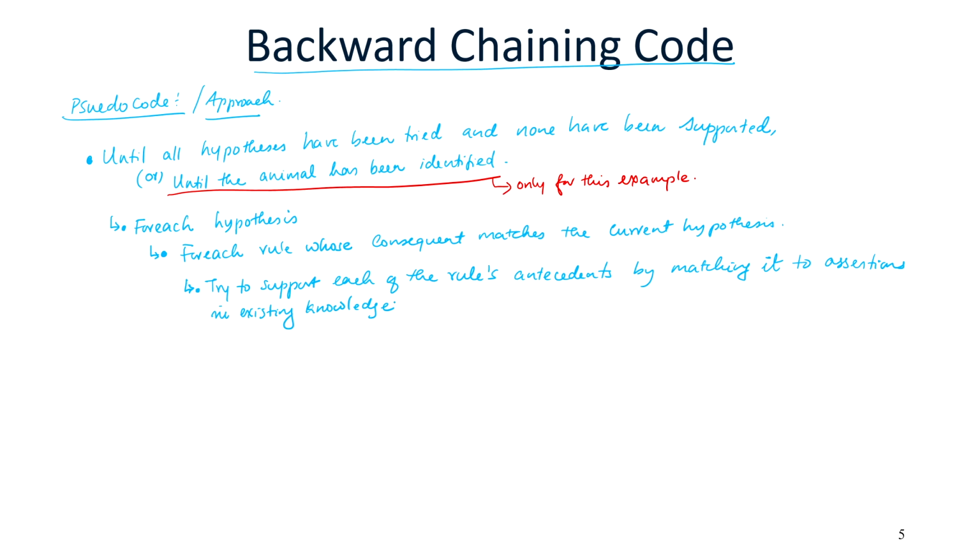You have seen what an antecedent and consequent is in the previous presentations. Or by backward chaining through another rule, create a new hypothesis. So it says try to support each rule's antecedents by matching to assertions of existing knowledge, or by backward chaining through another rule create a new hypothesis.